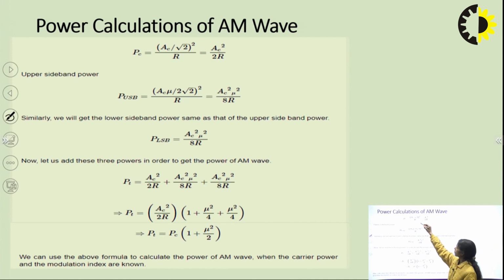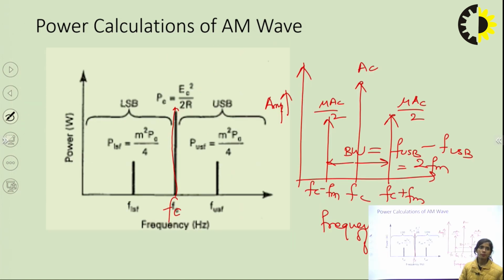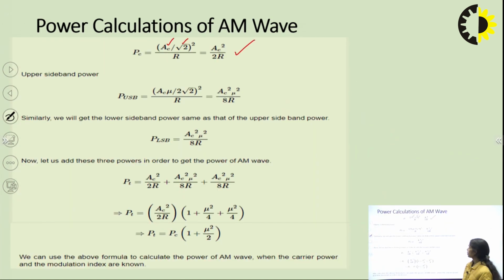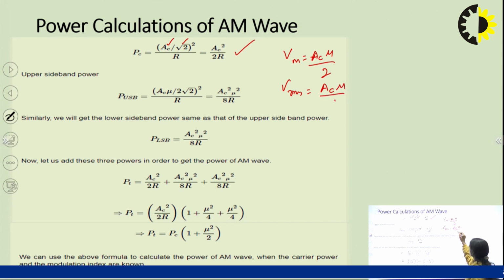First, carrier power can be calculated. For the carrier, we have the carrier amplitude divided by root 2, and it is obtained as Ac square divided by 2R. Now, for the upper sideband power, we have Vm equal to Ac mu divided by 2. So Vrms is obtained as Ac mu divided by 2 root 2.